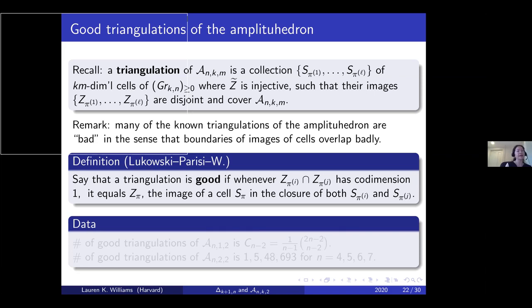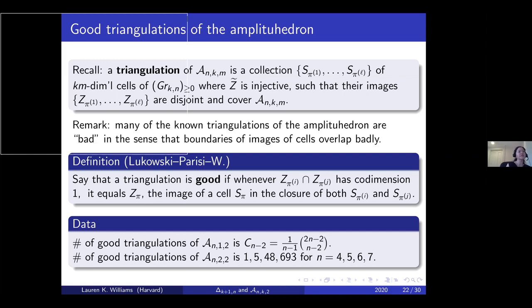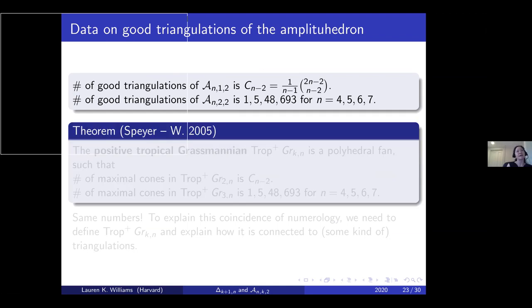Okay, and now if you start counting these things, then the number of good triangulations of the amplituhedron for k equals 1 is the Catalan number. And if you look at the number of good triangulations of the amplituhedron for k equals 2, you get the sequence 1, 5, 48, 693. And these are numbers that David Speyer and I computed a long time ago when we were studying the positive tropical Grassmannian.